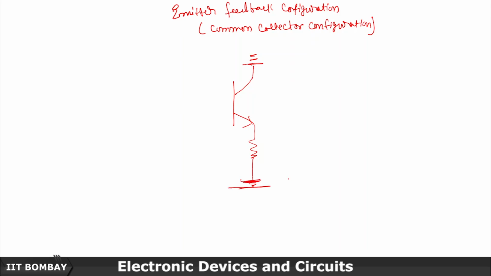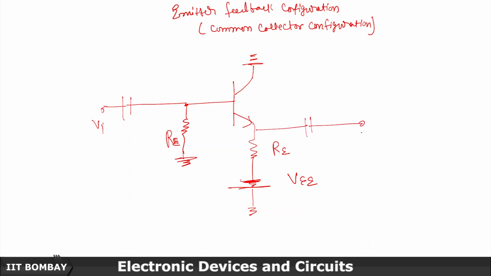So this is voltage VEE. This is RE. This is a capacitor, this is the input resistance, and let's say this is a capacitor and this is the output.